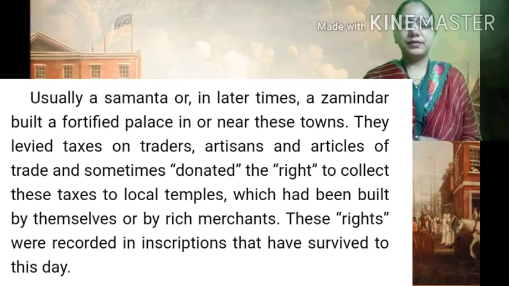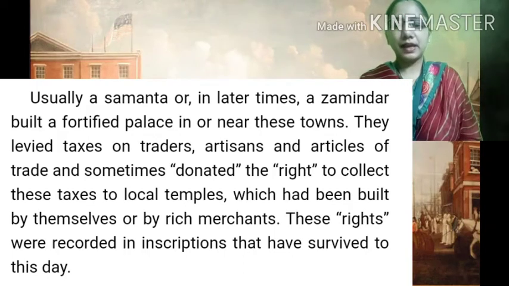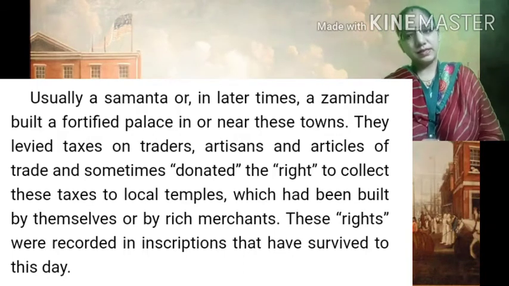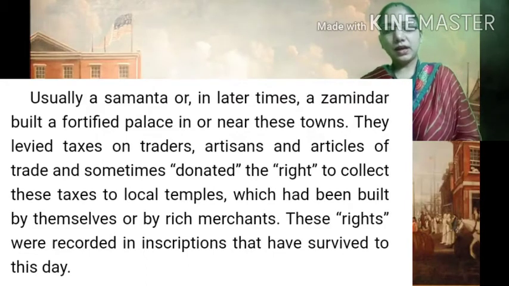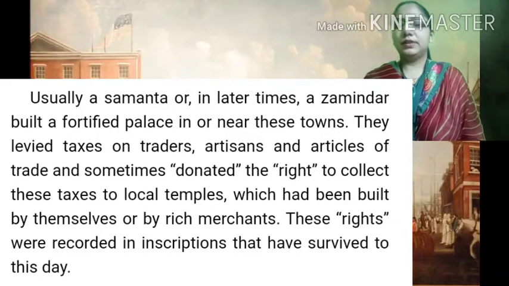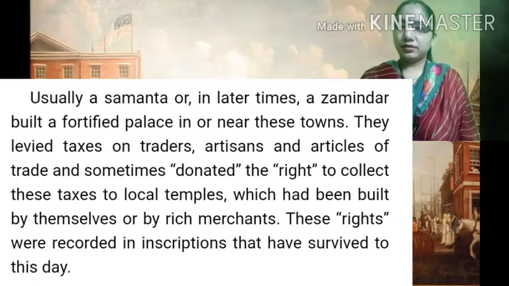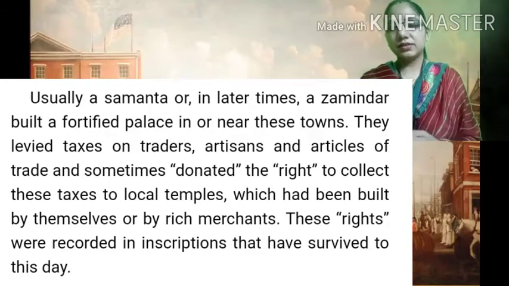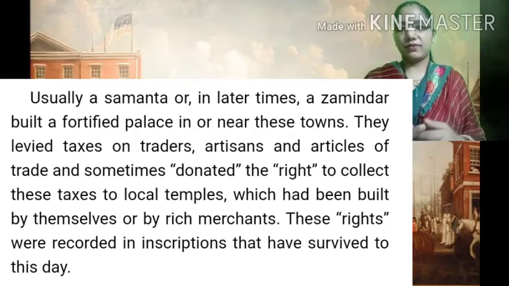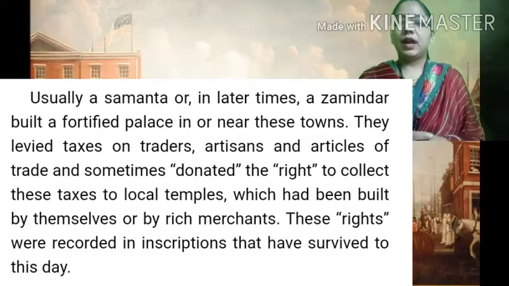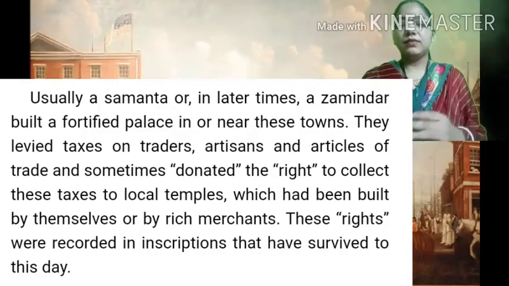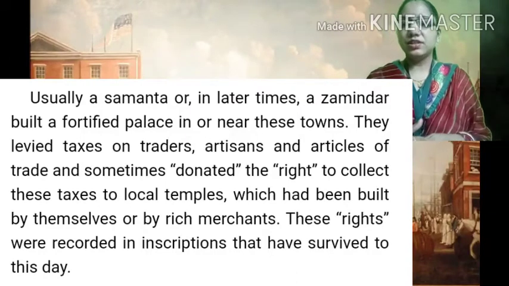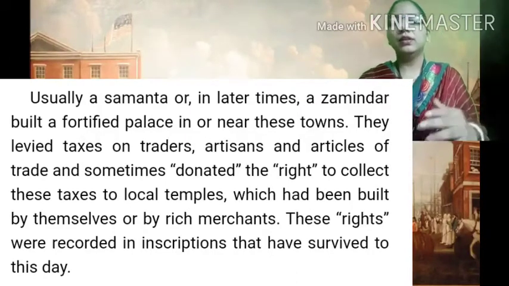In the later period, many traders came to the nearby areas and started different kinds of activities. They started trade, they started craft work, some artisans also came, and different types of activities happened in the areas settled near the small towns, even with the temple towns.